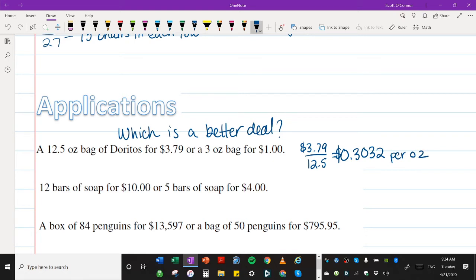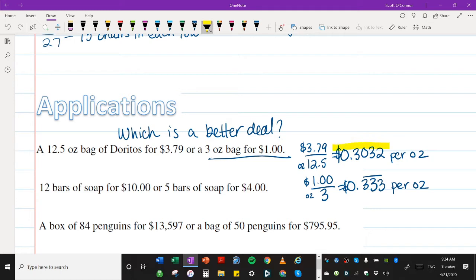And if we want to find out for this bag here, it's $1 divided by the number of ounces. And when we do $1 divided by 3, we get 0.333 per ounce. And so which one ends up being cheaper? Well, this one is cheaper, not by much, but it is a little bit cheaper.